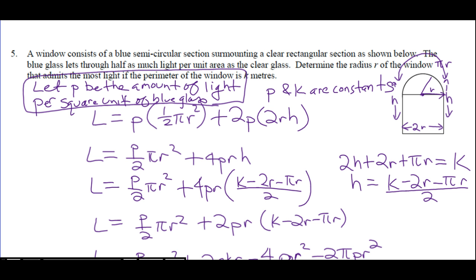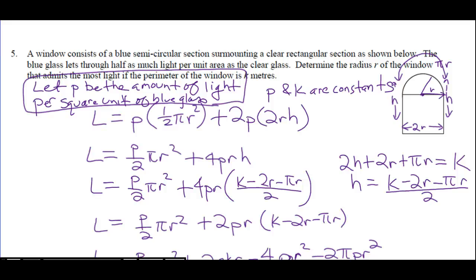Okay, sorry about that. I should define. I thought it was in the question, and it's not. Okay, so K is there. I mean, seriously, K should have been, and then P should have been the perimeter. So I don't know. Bad choice of variables, I guess. But yeah, write that in. So P is the amount of light per square unit of the blue glass.